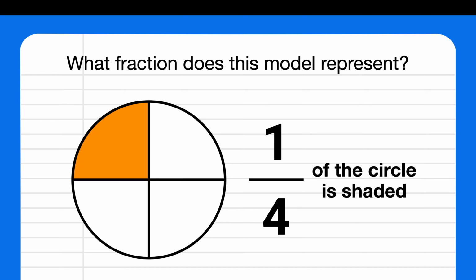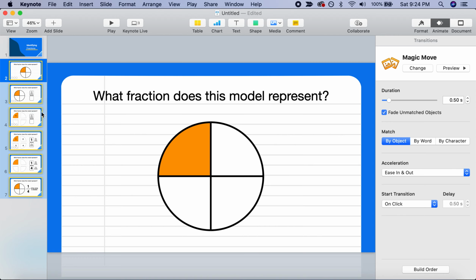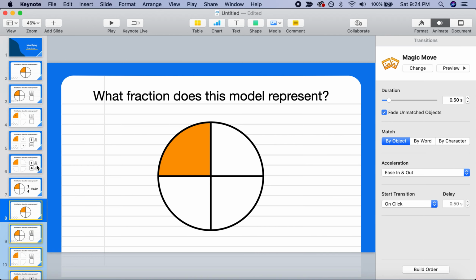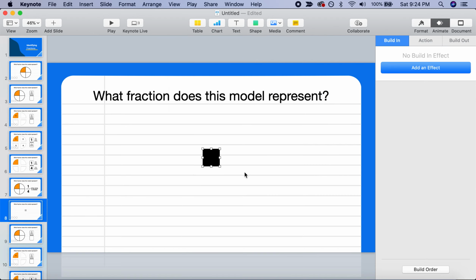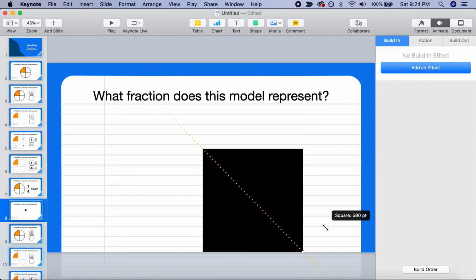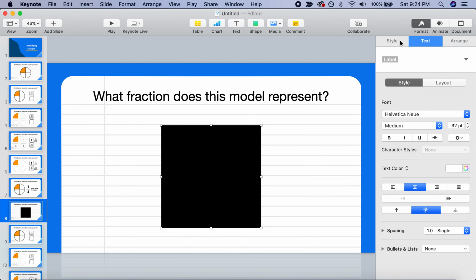And now we could go on and copy this entire thing to make a second problem. So maybe we will copy all of these slides, duplicate all of them, and we could change it. So we could use a new model. And we could, instead of this circle, maybe we would put in a square and show the fraction 1/3, or we could pick whatever we wanted.